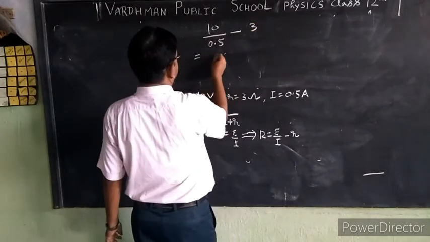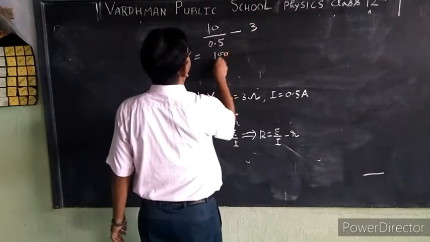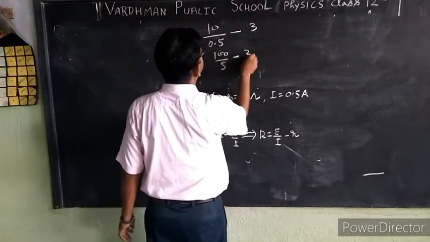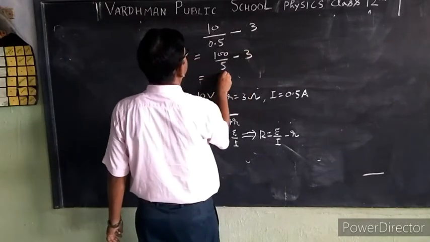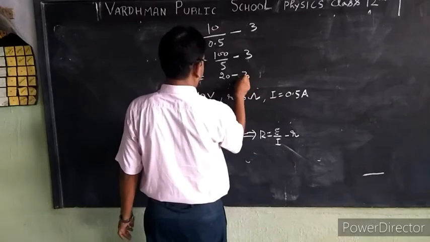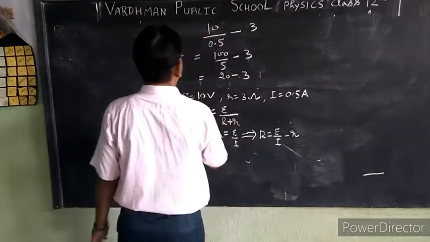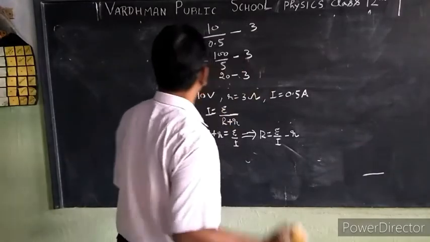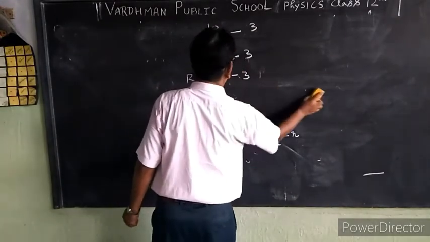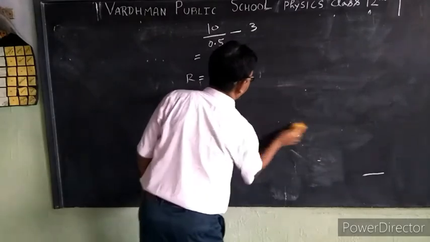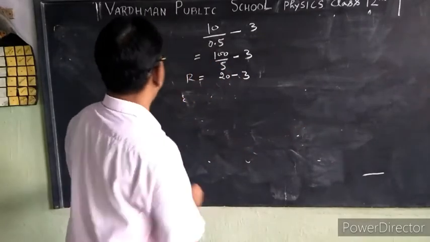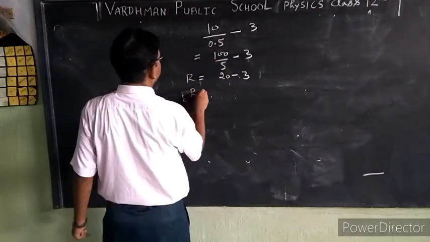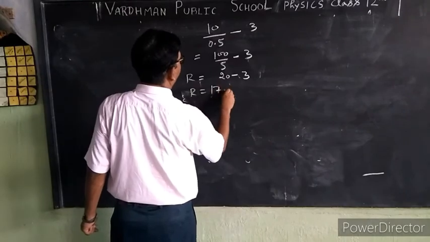Then it becomes 100 upon 5 minus 3, that is 20 minus 3, so R is equal to 17 ohm.